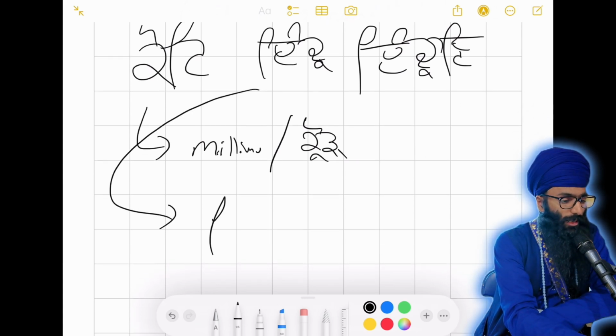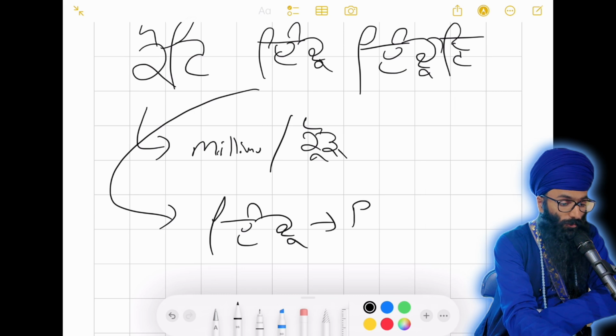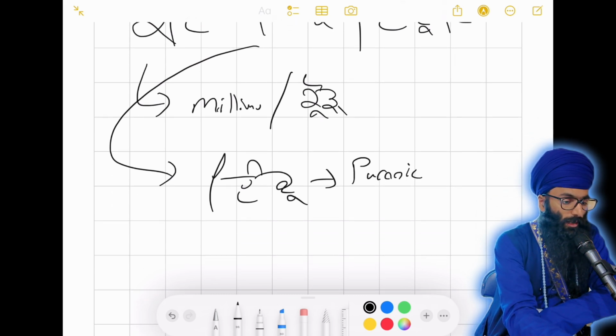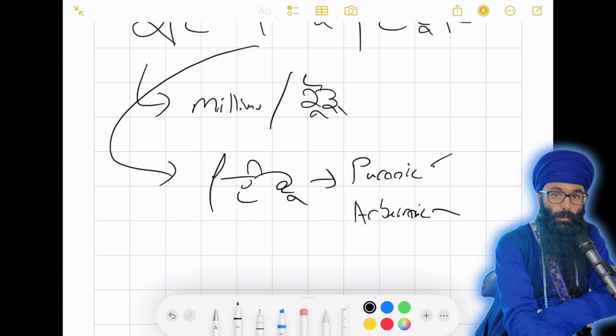Okay. Indra is seen to be the king of the heavens. Alright? So within the Puranic universe, okay, there's 2 types of universes that existed prior to Guru Nanak Dev Ji coming, right? There was Quranic, or Abrahamic, let's say Abrahamic, I don't know what the spelling is.